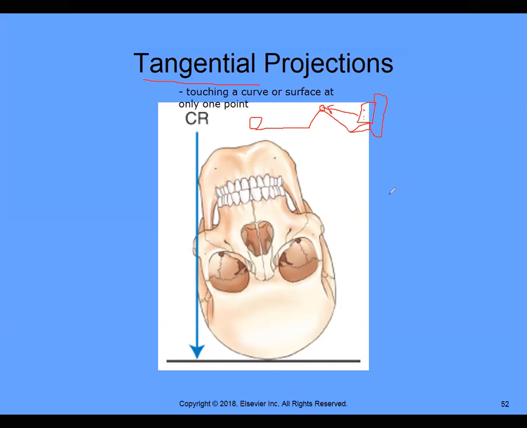And at the end, you'll see the tibia like this, and then you'll see the patella bone up here like this. So there's nothing blocking it. And this is called a tangential projection. We can talk about this some more when we get you into class. All right, let's move on.